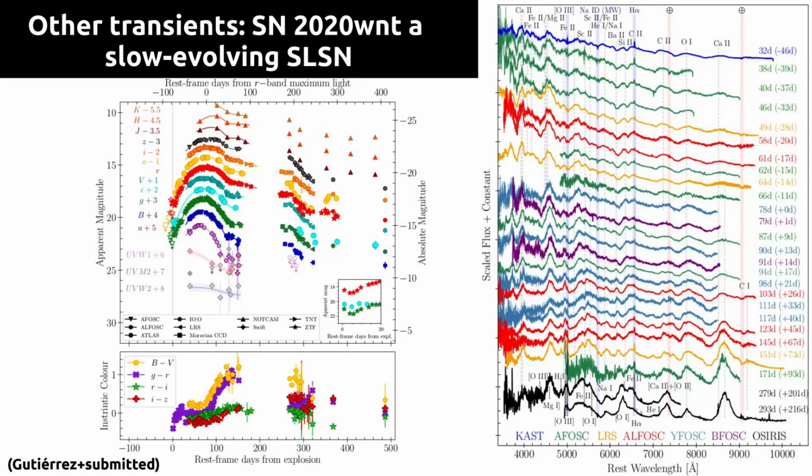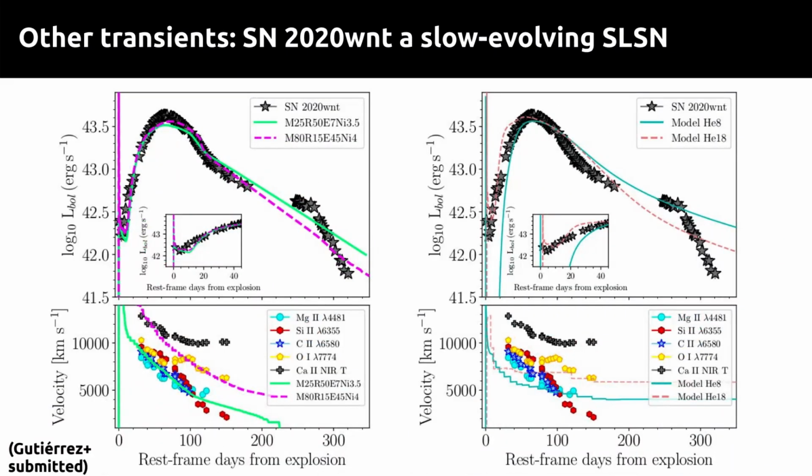For this one, we also use modeling, and we compare again magnetar and radioactivity, and we also propose a CSM scenario, but for this one we don't have a model. So in this case, on the left we have the powering by nickel, with two different configurations of star, but at the end we prefer the very massive star that produces around 4 solar masses of nickel, because when we tried the magnetar, it didn't work.